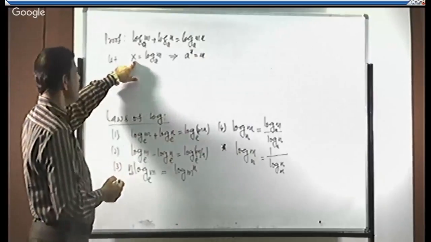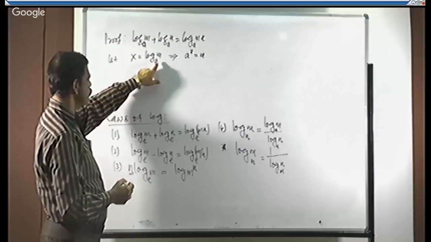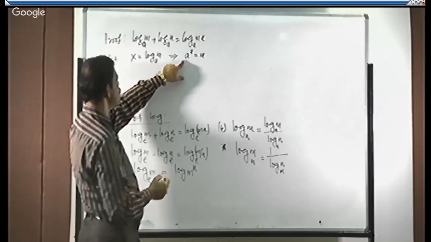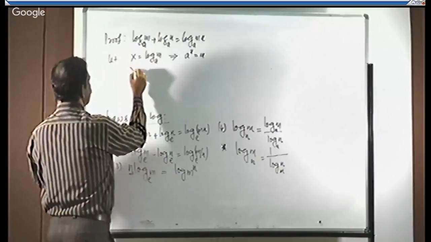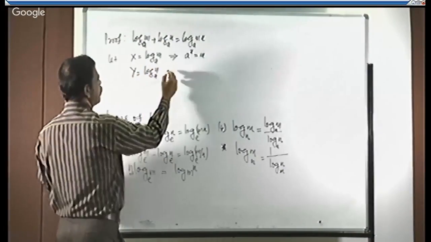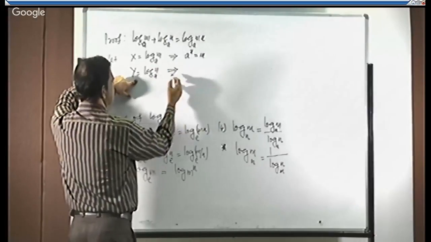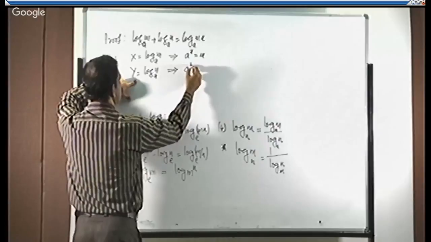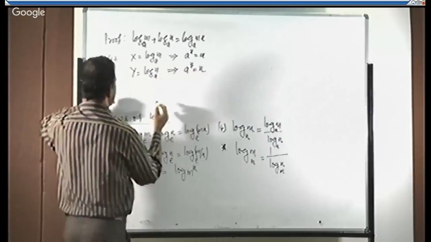According to the definition of log, x is equal to log m to the base a, which will be considered as a to the power of x is equal to m. Let y is equal to log n, having base a, which can be taken, according to the definition of log, as a to the power of y is equal to n.